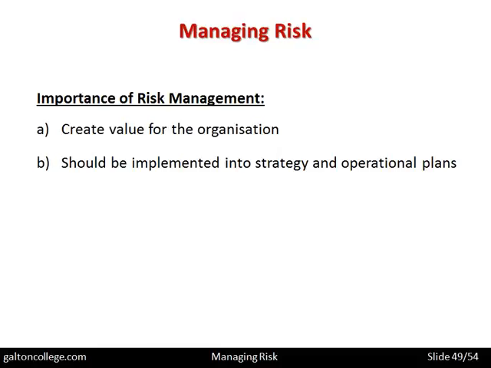It may want to diversify production, or it may want to open a branch in another country so as to diversify the risk. So if one country is going through a bad patch, perhaps the other country will be able to continue production and help the organization overall. But it should have some sort of strategic plan to deal with risk.